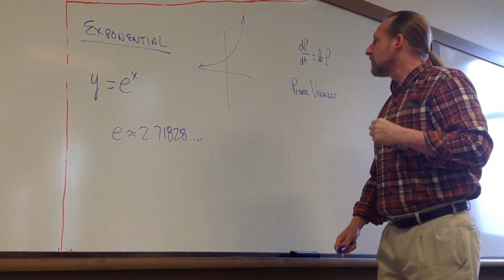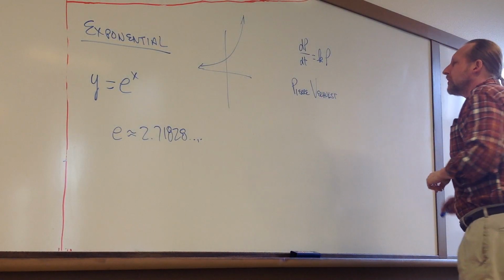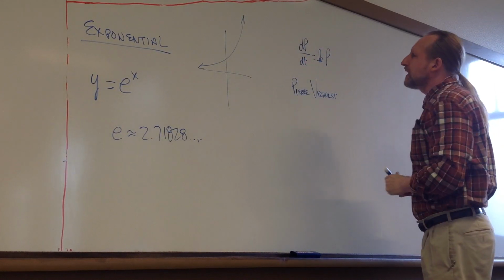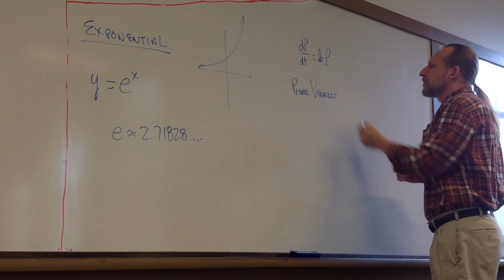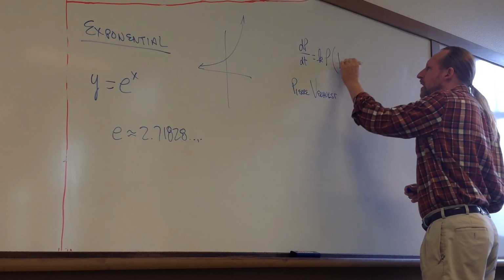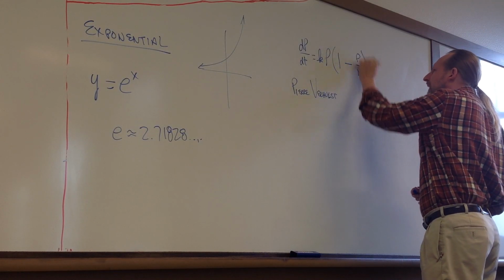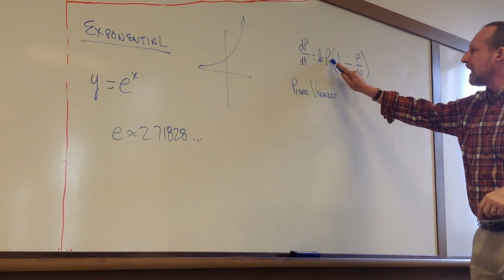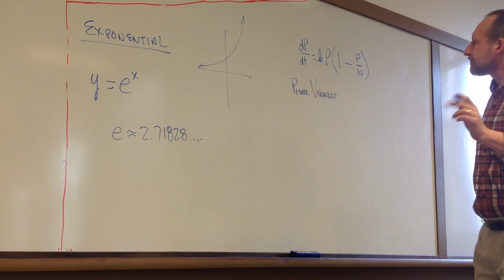So what Pierre Verhulst did was he took this equation and said, all right, I can see the reasoning for this rate of change being proportional to the size of the population. But what if we add in this other piece that says times 1 minus P over N?